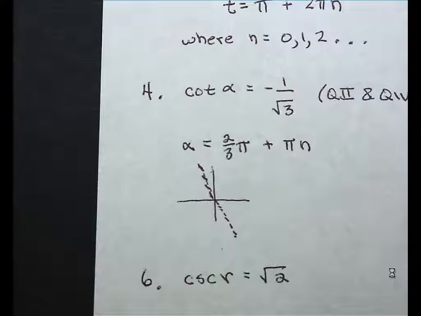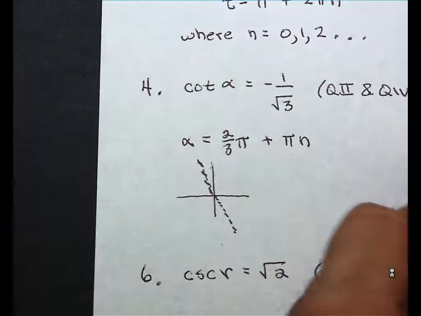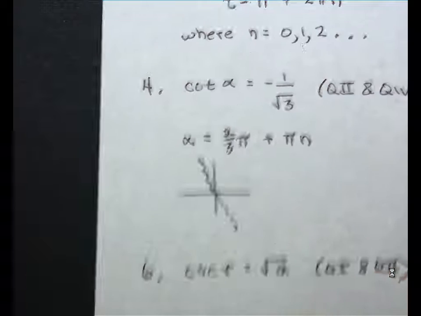So, how many times in the unit circle is cosecant gamma going to be positive square root of 2? Twice. In what quadrants is cosecant going to be positive? Cosecant's your y, y's are positive in 1 and 2. Y's are positive, not x's are positive. So I'm looking for a quadrant 1 and a quadrant 2 angle.